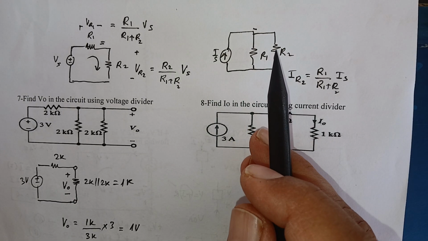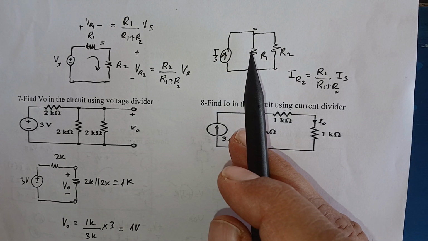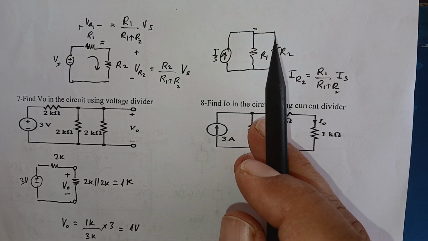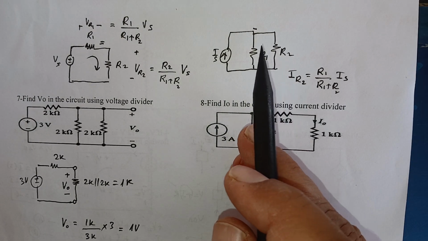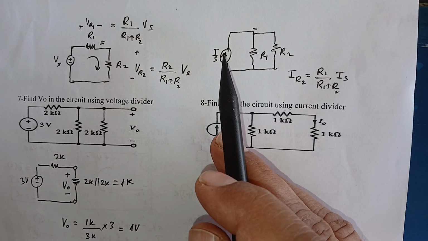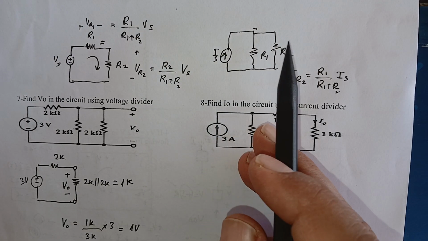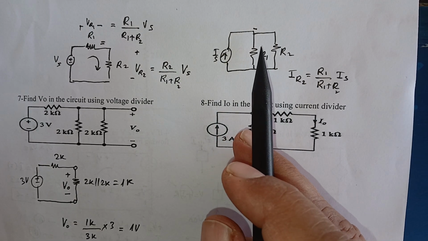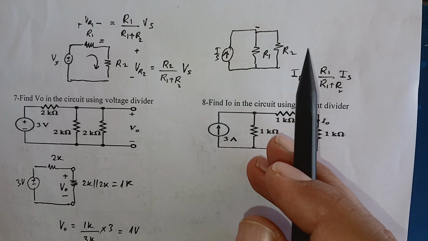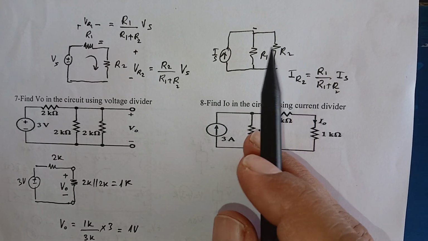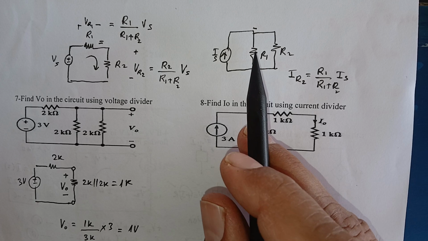That would be the current in this branch. Similarly, if I want to find the current in this branch here, I'll take the opposite branch resistance, which is R2, divided by the sum of these two, multiplied by the source current. So current divider is valid only for two branches, but if there are more branches here, then you cannot use this direct statement.